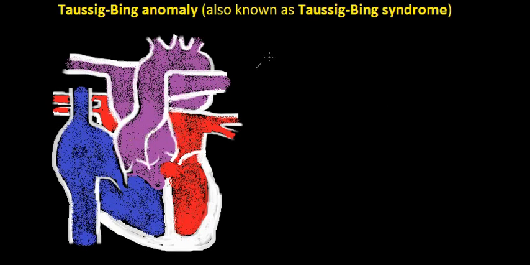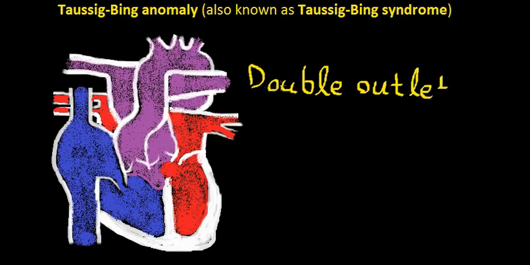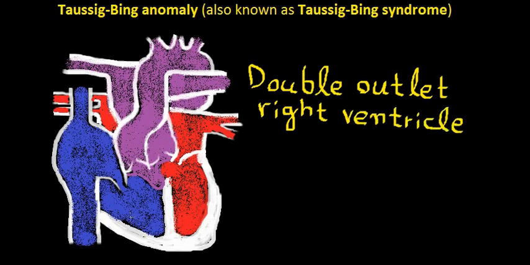So the main characteristics of Taussig Bing syndrome: double outlet right ventricle, which is this one over here.